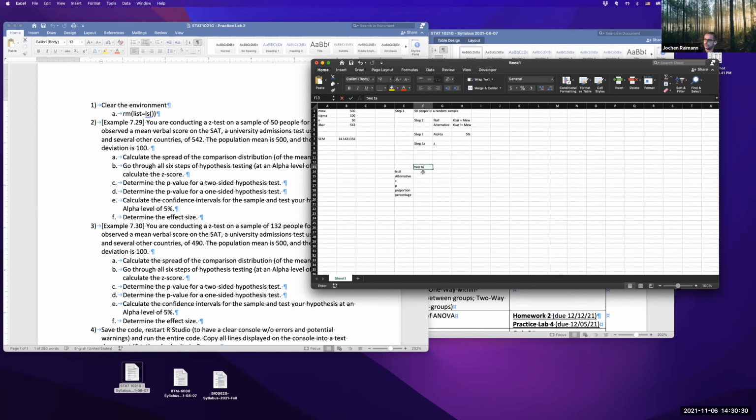We're doing two-tailed, and here we also need one-sided. So we do one left-tailed and we do one right-tailed hypothesis, right?